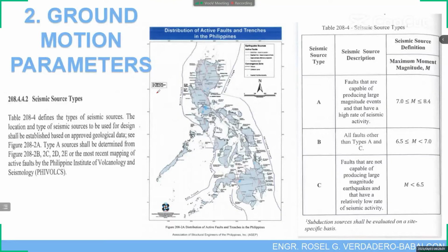Back to the seismic source type, if ever there is a chance that your site is in between seismic source type A and C, but is nearest to seismic source type C and farthest to seismic source type A, we should consider computing also for the seismic source type A, whichever will produce a higher amount of shear in our computation later on.